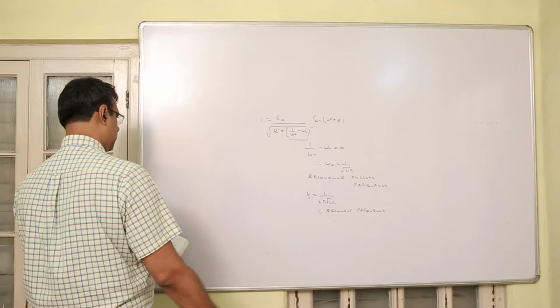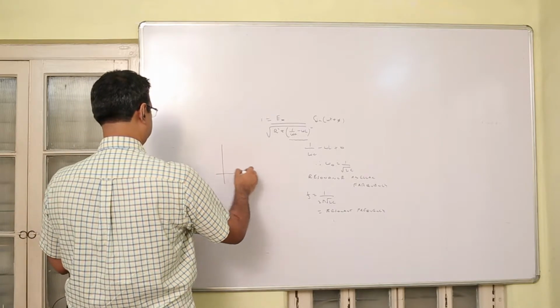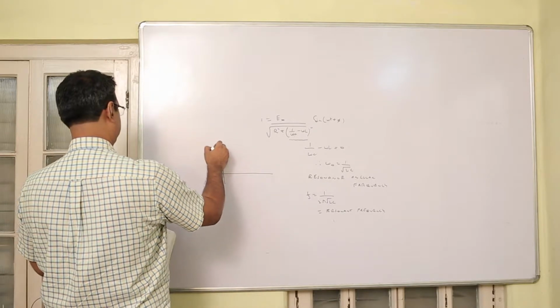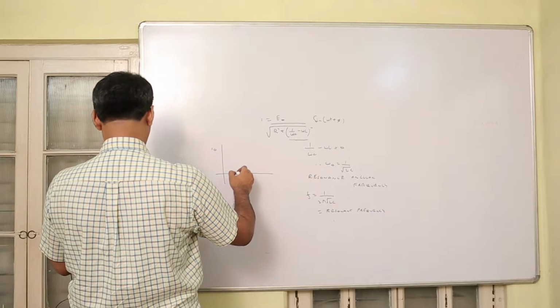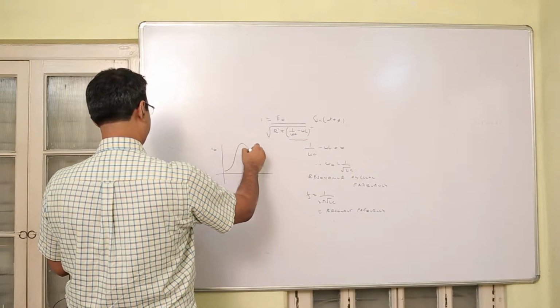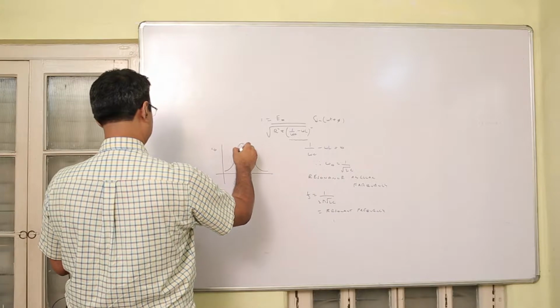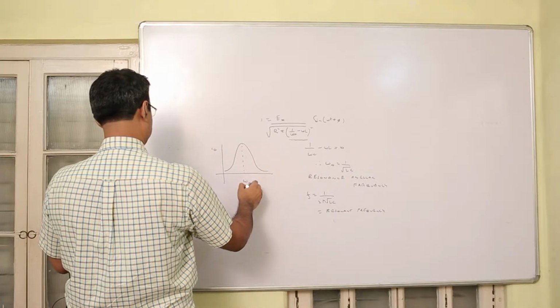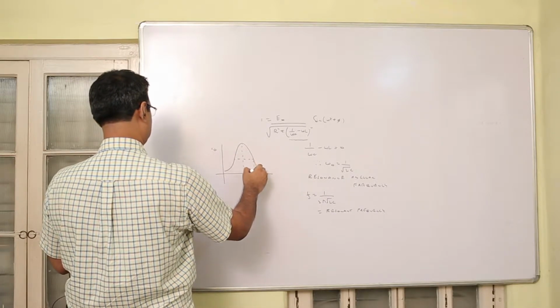Now if you try to draw the graph of peak current versus angular frequency, this is how the graph will look.